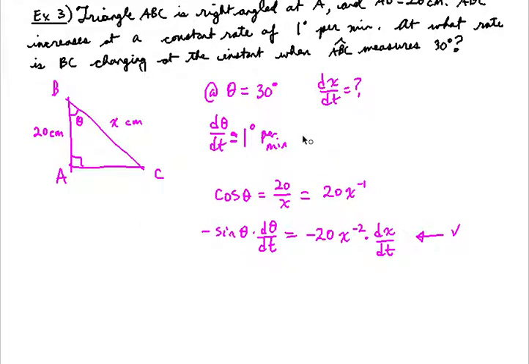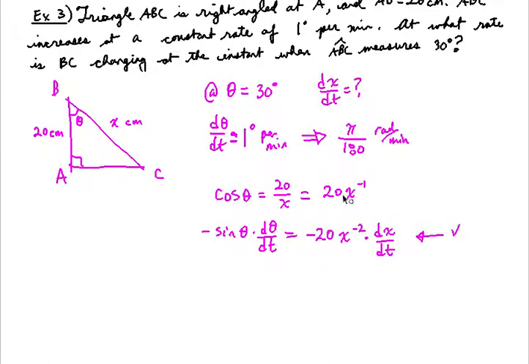What is 1 degree when converted into radians? Since I have degrees on top, I would want degrees on bottom when I multiply, so it'd be pi radians over 180 degrees times 1, which would be in radians per minute. Now I have this ready. I need to find my x.